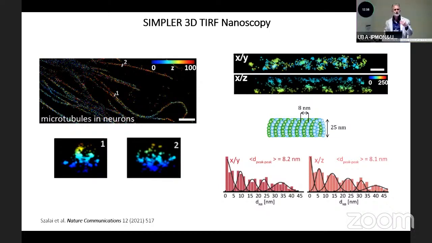So you see that even though the labeling density is not high enough to visualize this directly, since we have the resolution, applying some very simple statistical analysis, we can infer that there is an underlying structure. And in this way, we can do kind of structural biology on a microscope, doing this kind of thing.